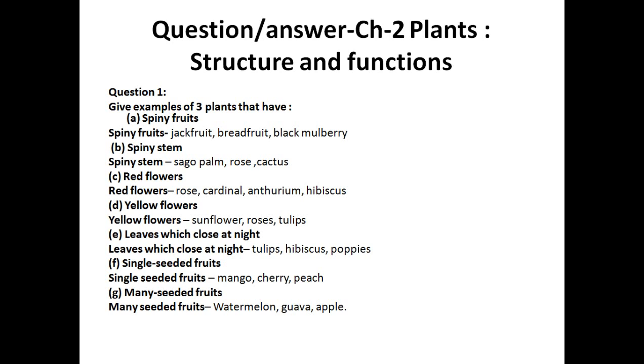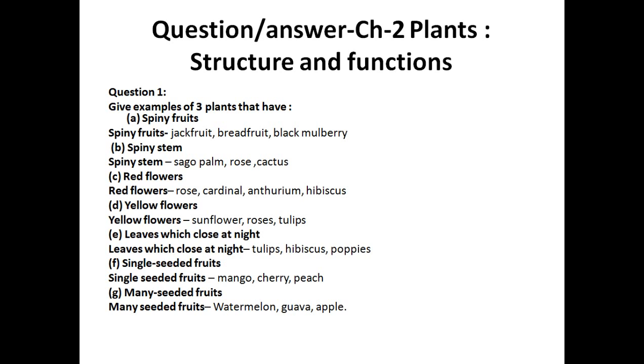Poppies are also a type of plant in which the leaves curl themselves at night, and during the daytime they are open. Tulips. Tulips are a very common example which you will see. You can find it on the internet if you don't know which plant is known as tulips. In the tulip plant also, the leaves are closed at night, but in daytime they are open.